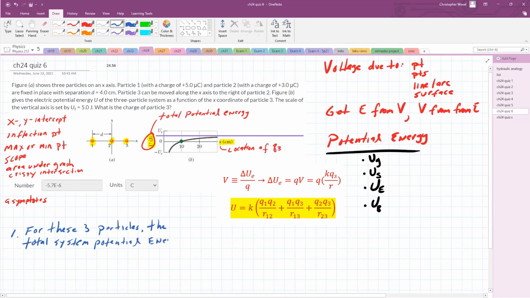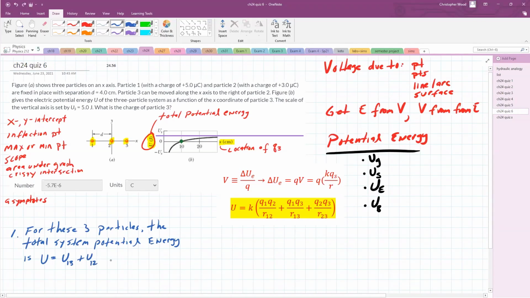And the answer is the potential to do work. The total system potential energy is U equals, I guess I can just copy and paste this. This is saying U equals the potential energy between 1 and 3 plus the potential energy between 1 and 2 plus the potential energy between 2 and 3.